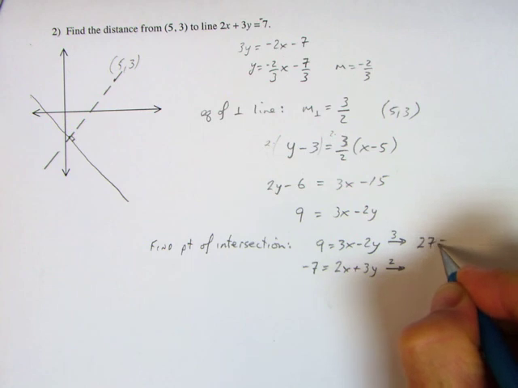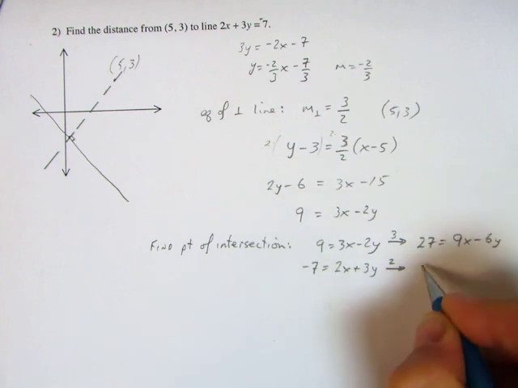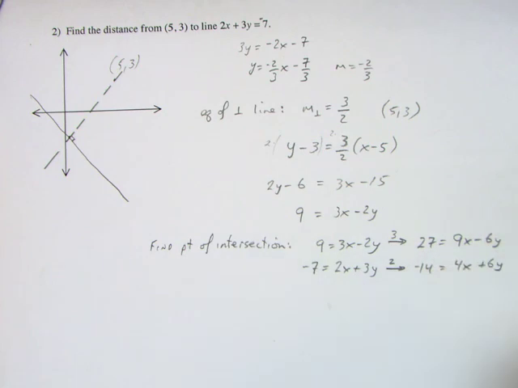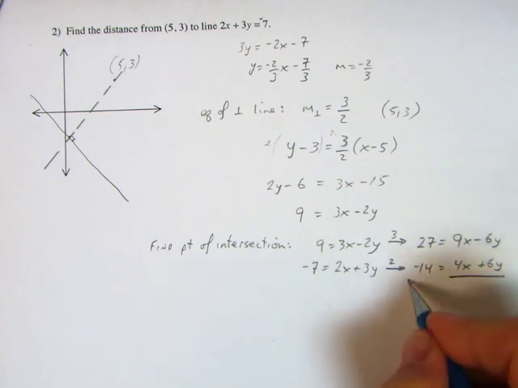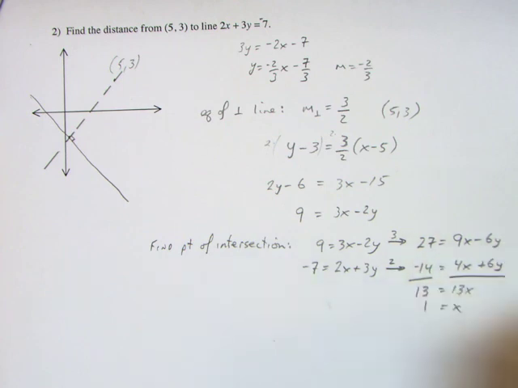We'll have 27 = 9x - 6y, and -14 = 4x + 6y. Add them together. 13 = 13x, so x = 1.